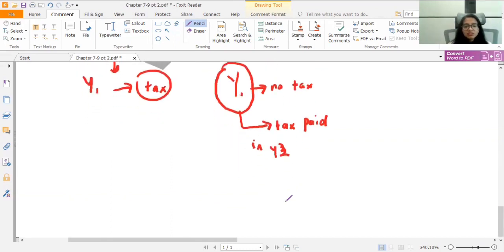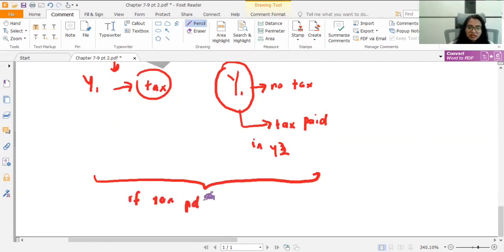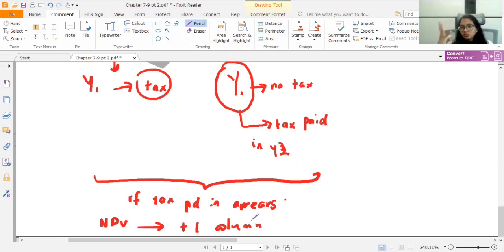So as a result of that, what you need to know is, if tax is paid in arrears, your NPV has to plus 1 column. So if he said that the useful life is 4 years, you plus 1 to make it 5 years. Are you all good?